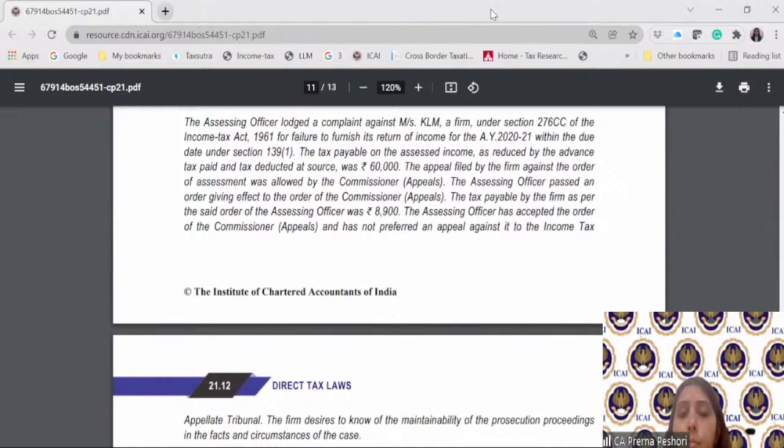Namita, 279B is nothing but that all the entries and books of accounts which are there before the income tax authority can be taken as evidence for instituting the prosecution proceedings, nothing else.